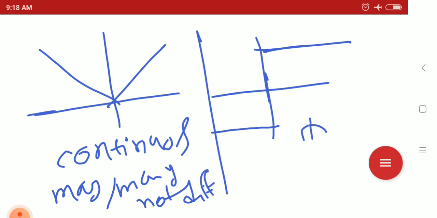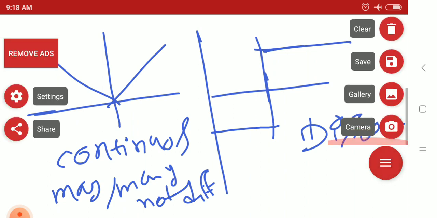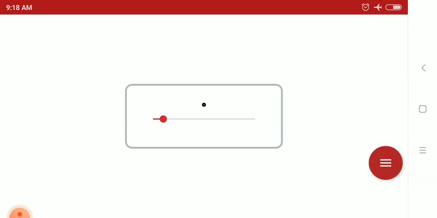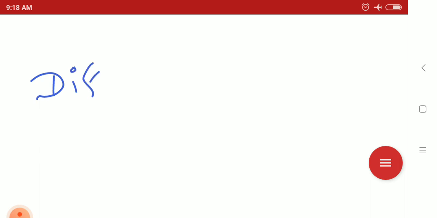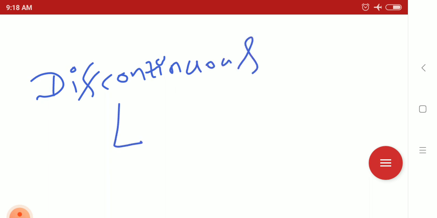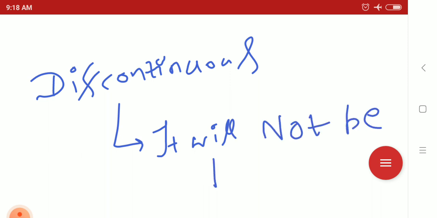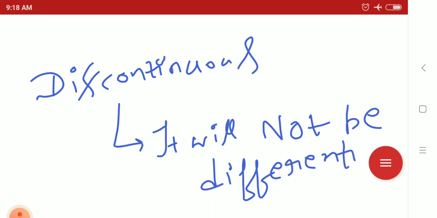But at x equals 1 it is discontinuous. Whenever the graphical representation of a curve is discontinuous, it will not be differentiable.